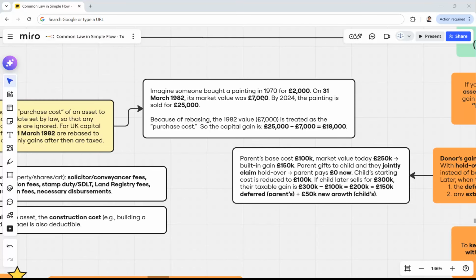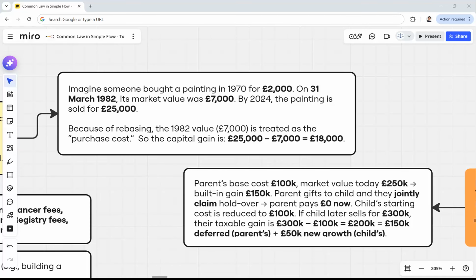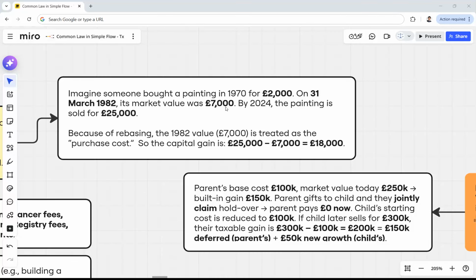So after that year, imagine someone bought a painting in 1917 for £2,000. In March 1982, its market value was £7,000. By 2024, the painting is sold for £25,000. Because of rebasing, the 1982 value, £7,000, is treated as the purchase cost.